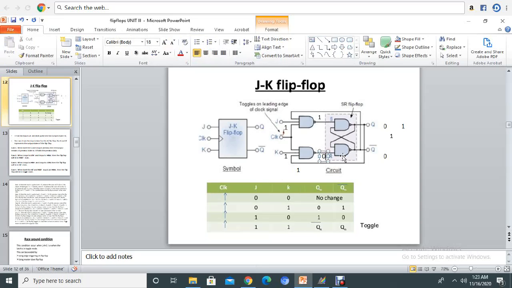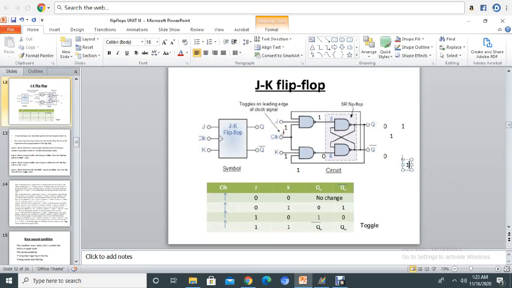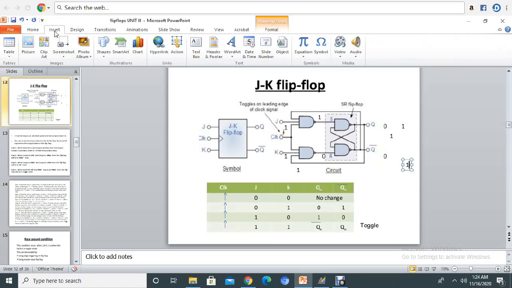If any one of the inputs is 0, then the output becomes 1. Now Q bar becomes 1 after applying the clock pulse. This one is given to this input. Now both are 1, so the output Q becomes 0.